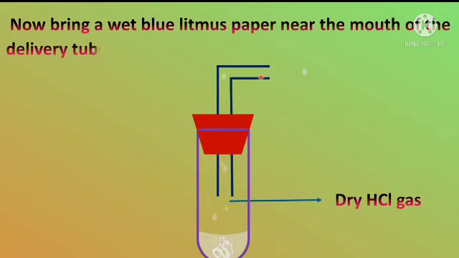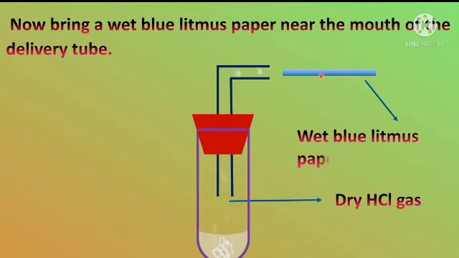See that. Now bring a wet blue litmus paper near the mouth of the delivery tube, where dry HCl gas is coming out. What will happen here? The wet litmus paper will change color. Yes, the wet blue litmus paper changes into red litmus paper here.